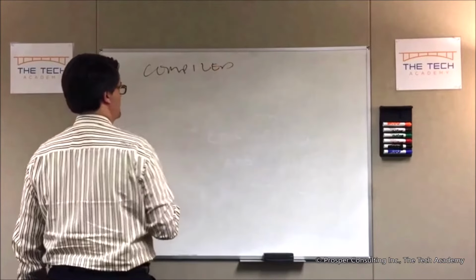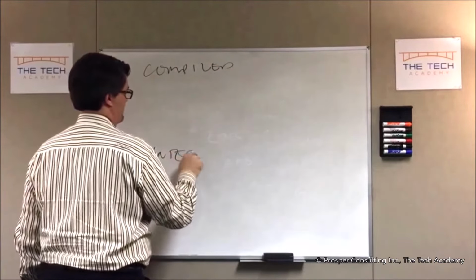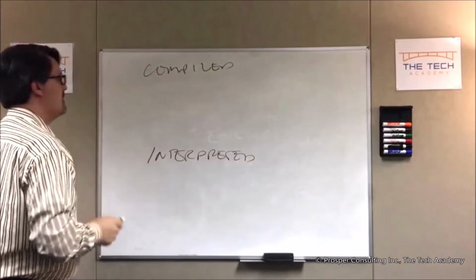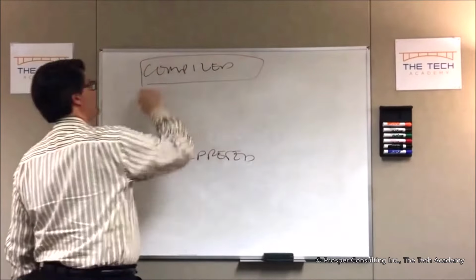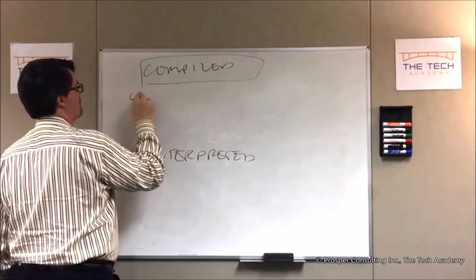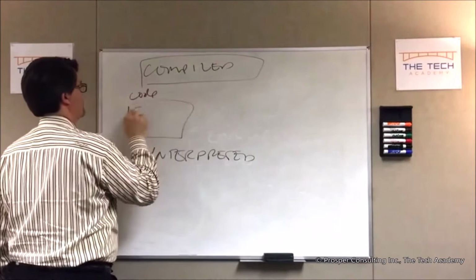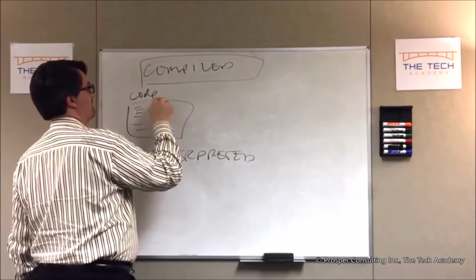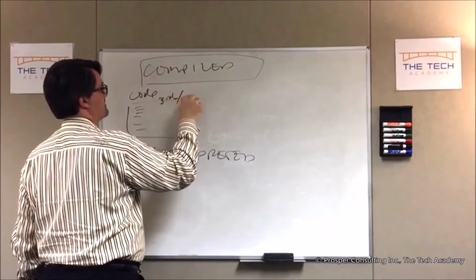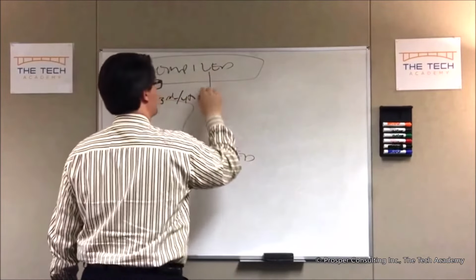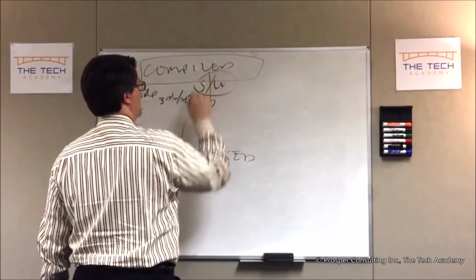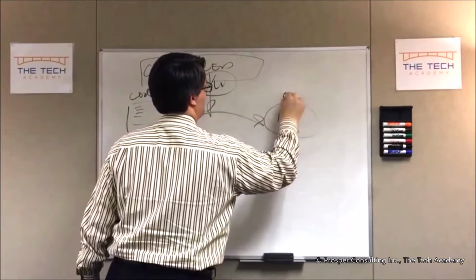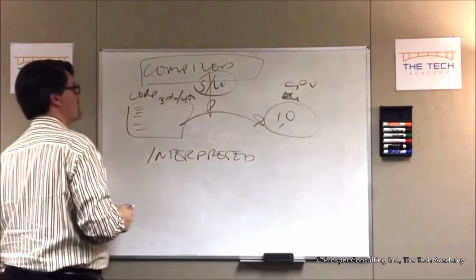Compiled languages versus interpreted languages. So a compiled language is designed to have you write code, one statement after the other, in a language that you can read. It's a 3rd or 4th generation language. And then the compiler is a special piece of software that can translate that down to the 1s and 0s that the central processing unit can understand.